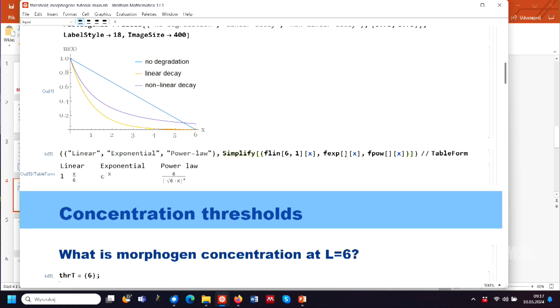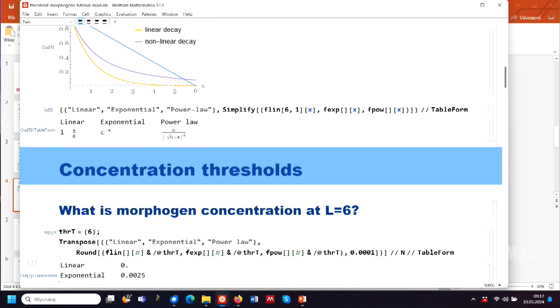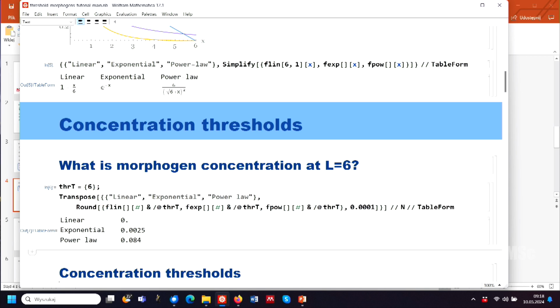Okay, so those are our profiles, and now we take the concentration threshold. So think about that. You have these different profiles, and you want to apply this concept of the French flag model by Lewis Wolpert. So you need to decide about some thresholds. Let's say we want to divide that into 3 equal stripes.